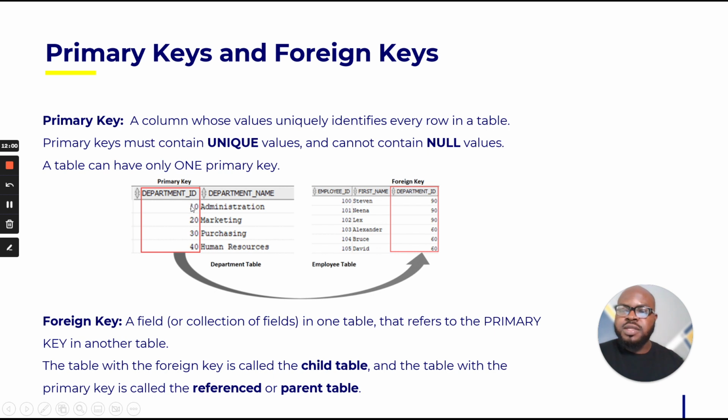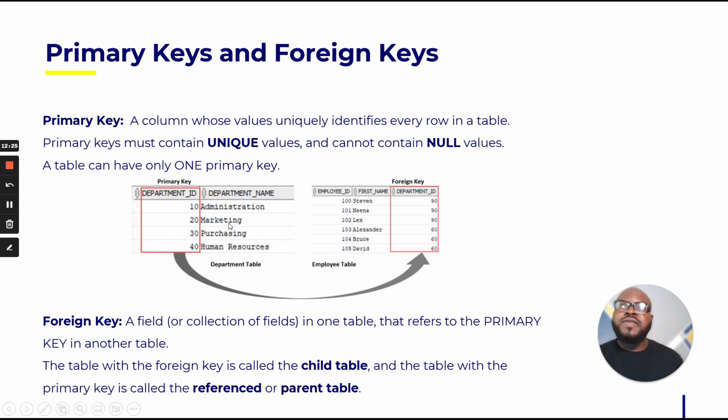When we see department ID 10, we know automatically that the department name is administration. Department ID 20 is marketing. Department ID 30 is purchasing. And department ID 40 is human resources. So these numbers in the department ID column define which department we are talking about.